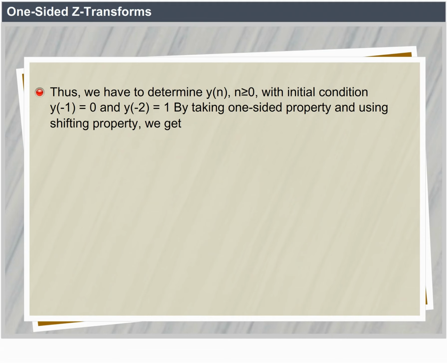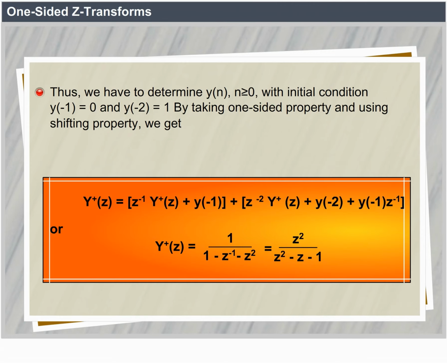We get y plus of z equal to z inverse into y plus of z plus y of minus 1 plus z power minus 2 into y plus of z plus y of minus 2 plus y of minus 1 into z power minus 1, or y plus of z equal to 1 divided by 1 minus z power minus 1 minus z power minus 2 equal to z square divided by z square minus z minus 1.